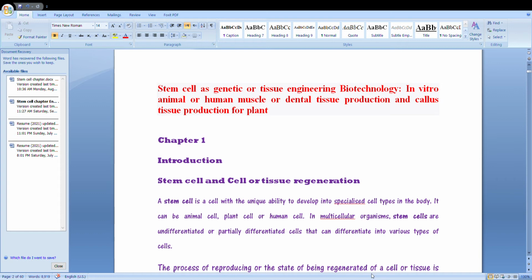Before we discuss in short, a stem cell is a cell with the unique ability to develop into specialized cell types in the body. It can be animal cells, plant cells, or human cells. In multicellular organisms, stem cells are differentiated or partially differentiated cells that can differentiate into various types of cells.